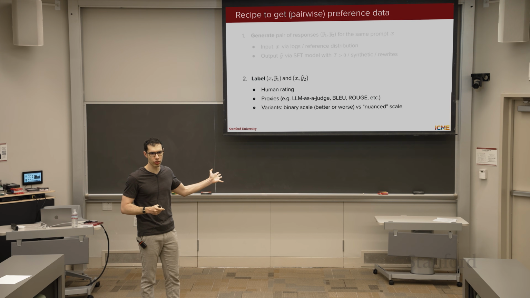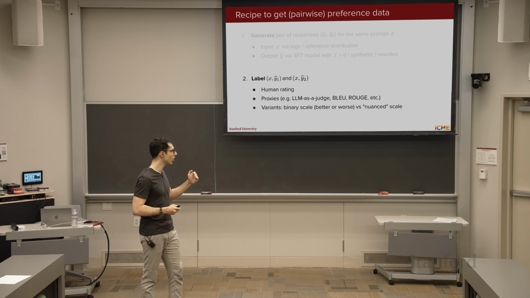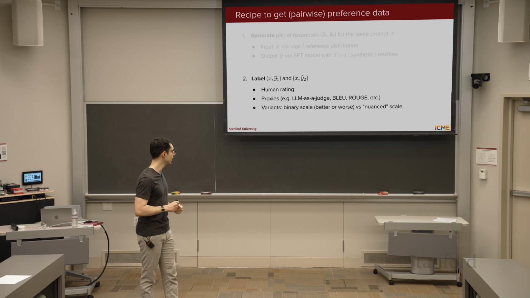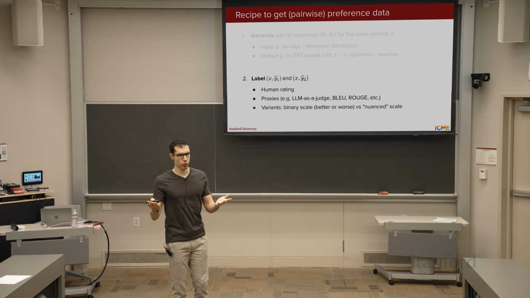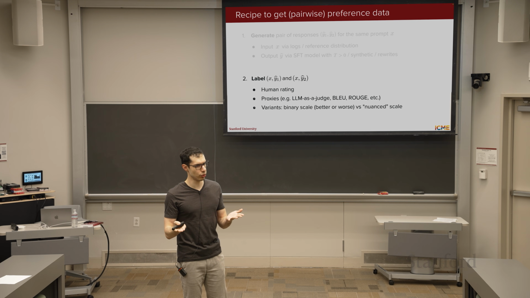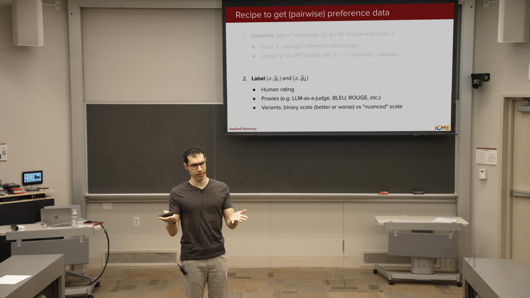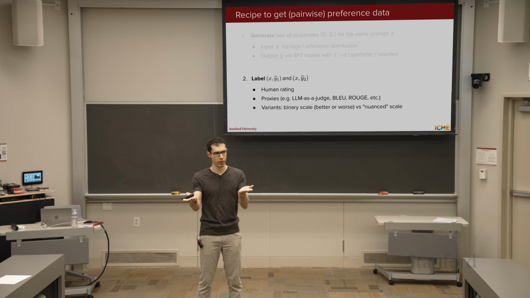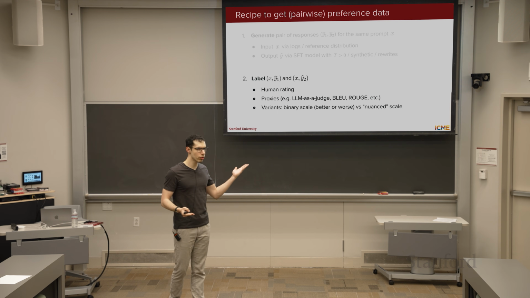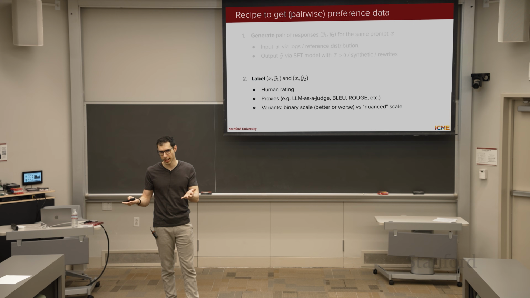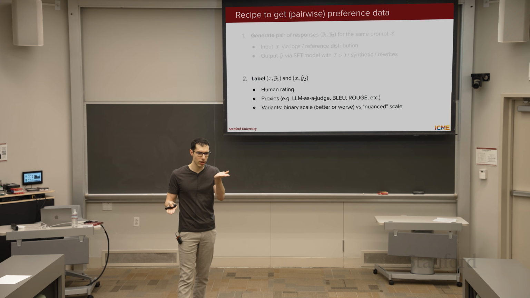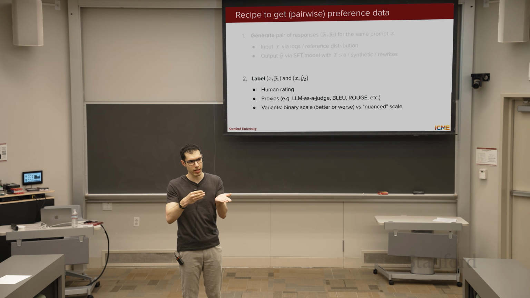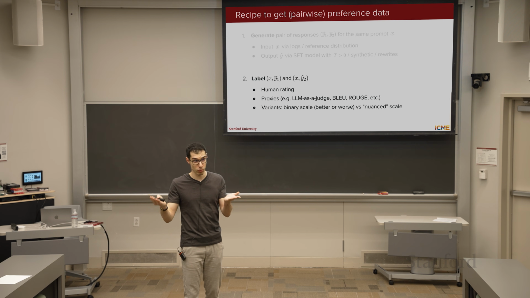We can also use some other rule-based metrics like BLEU, ROUGE, etc., although they are not as used these days. And the simplest way to compare these two observations is to have a binary setting where you say, OK, is response 1 better or worse than response 2? But you could also think of a more nuanced scale, meaning you can say, OK, response 1 is much better, better, slightly worse, worse, or much worse.